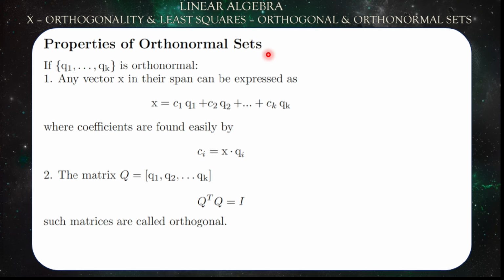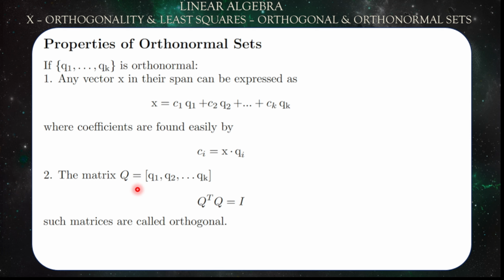Properties of orthonormal sets. If Q1 all the way to Qk is orthonormal, any vector x in their span can be expressed as x equals c1 q1 plus c2 q2 plus ... plus ck qk, where the coefficients are found easily by ci equal x dot qi.